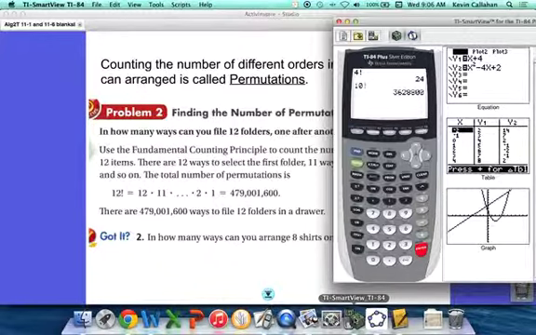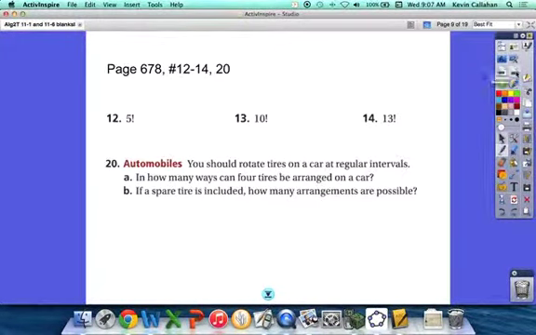How many different ways can you arrange 8 shirts? 8 factorial. 40,320. This seems like a lot. Go try it at home. Put 8 shirts in there and start done. Tell me when you're done. 40,320.